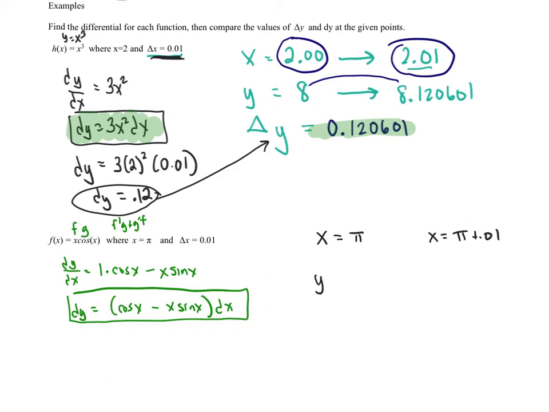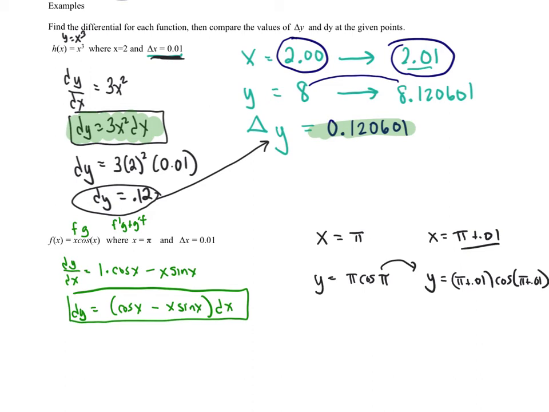So I'm first going to plug pi into the original function, pi times cosine of pi. My new y value, when I plug in my second value, is going to be pi plus 0.01 times cosine of pi plus 0.01.